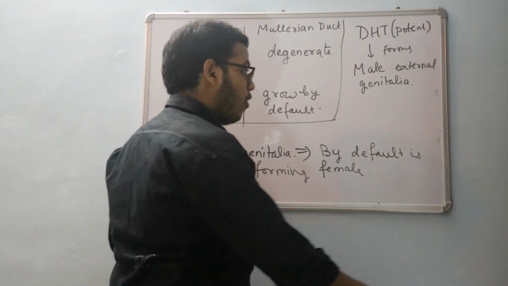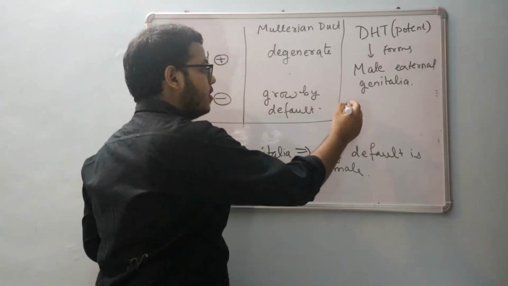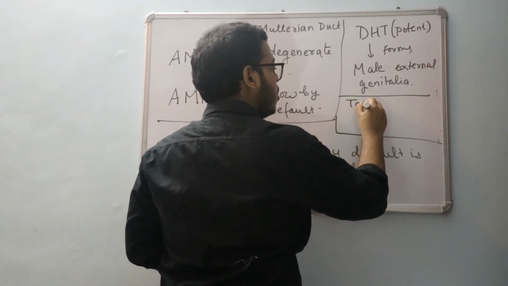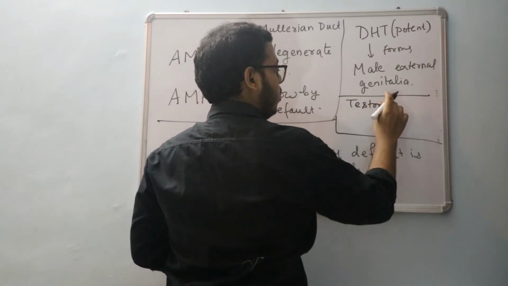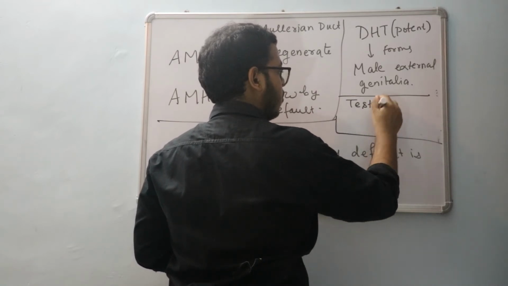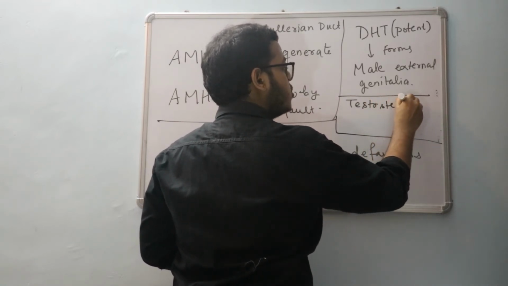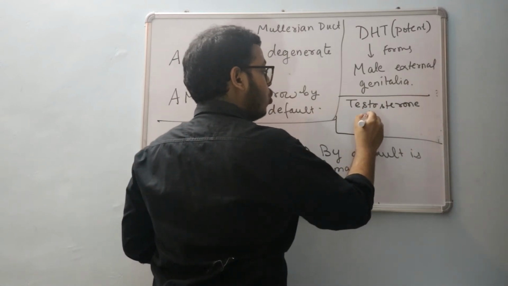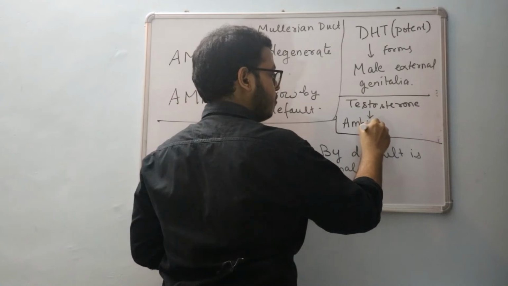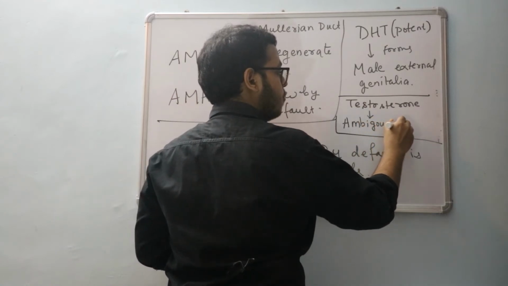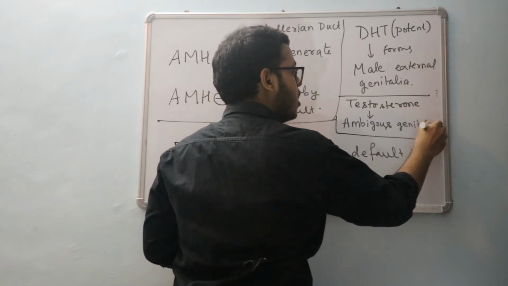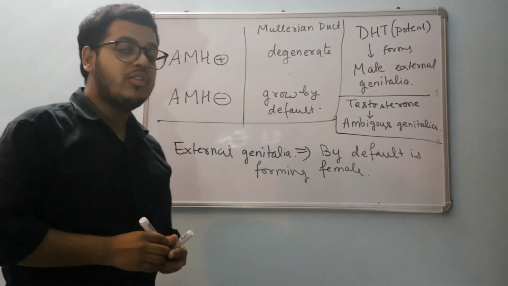Now, if on the external genitalia we have testosterone, testosterone is not very potent, so it will lead to ambiguous genitalia. Ambiguous external genitalia will form in presence of testosterone. What is ambiguous genitalia?